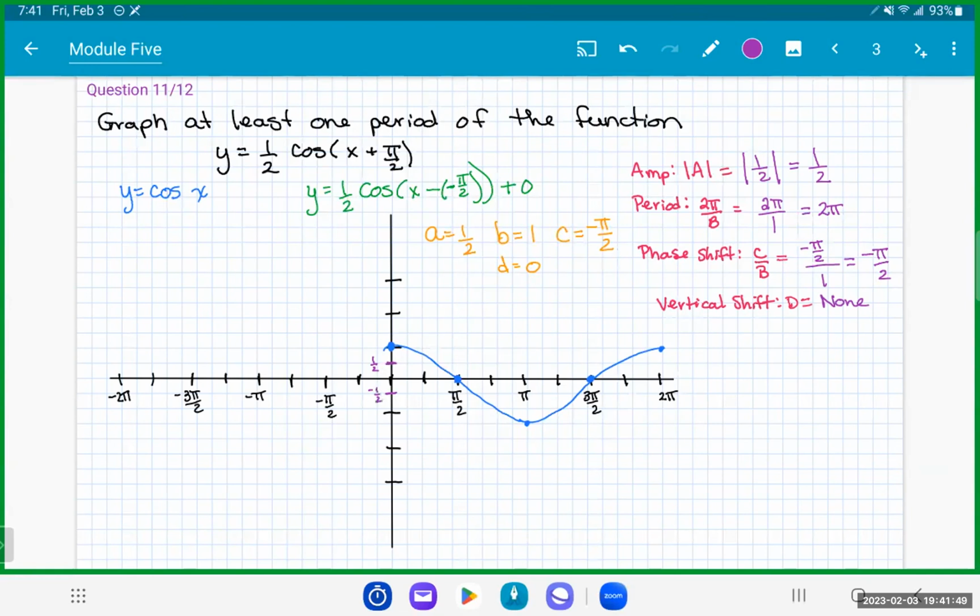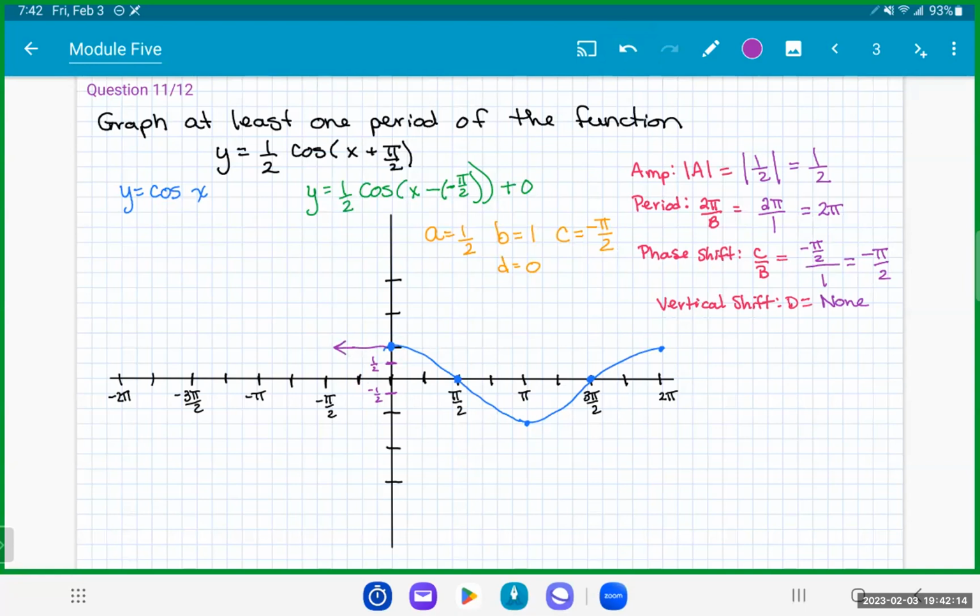We also have this phase shift of negative pi over 2, so we're going to shift in the negative direction. We're going to take this first point and shift it negative pi over 2.